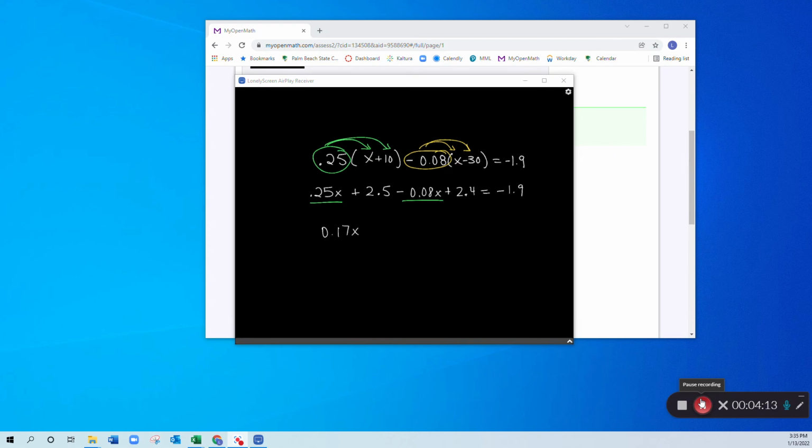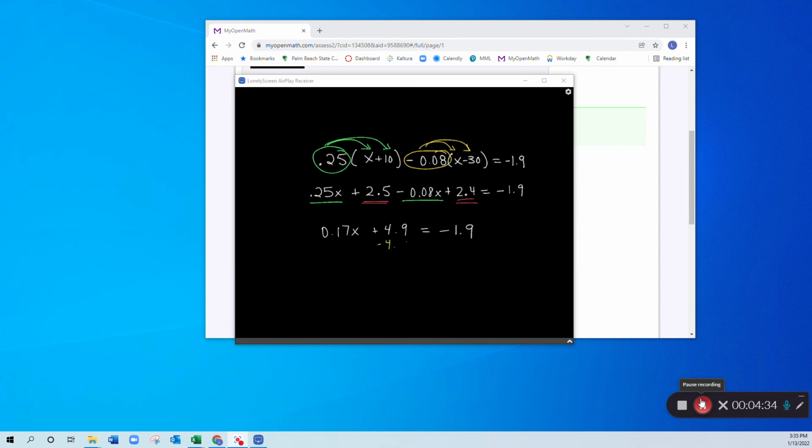The next piece I want to combine is my numbers, which is my 2.5 and 2.4. That is a 4.9, and all of that is equal to negative 1.9.